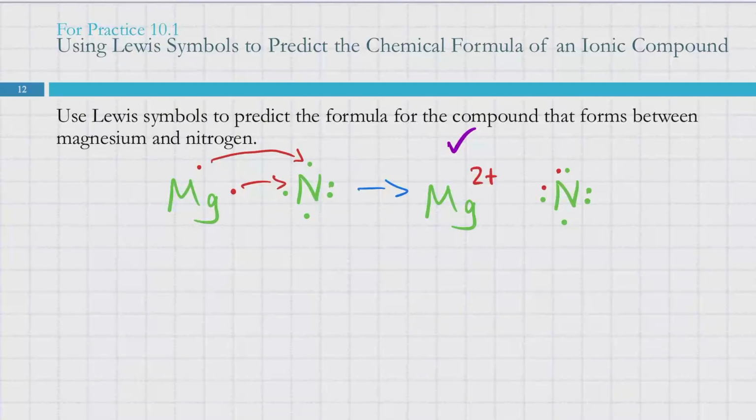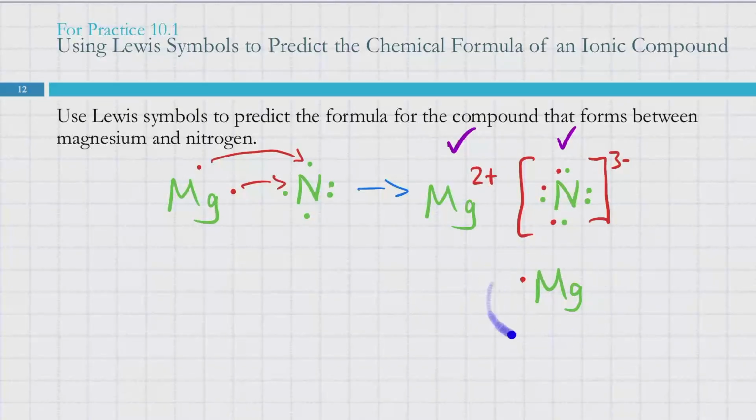If we've got 1, we've probably got 2. So we say, oh, all right, well, there might be another magnesium. That magnesium has 2 valence electrons. What if we transfer one of those electrons over? So we transfer that electron over, and now is the nitrogen happy? It sure is. We give it brackets and a 3- and a check mark.